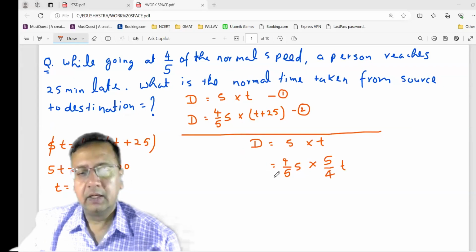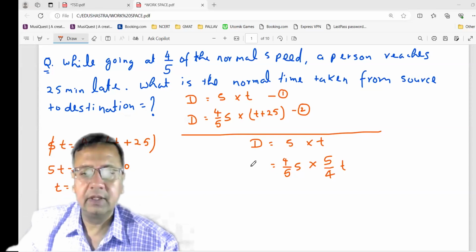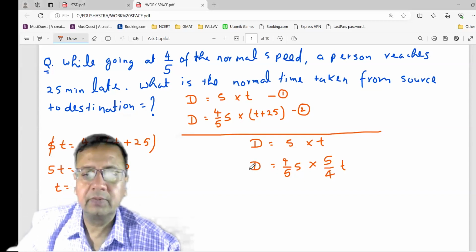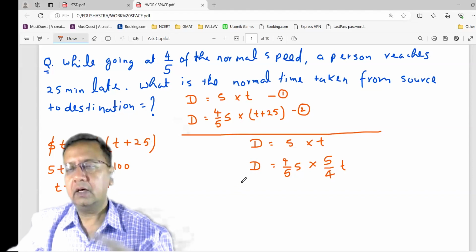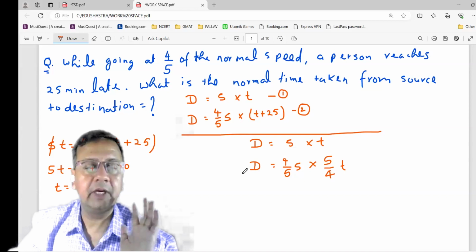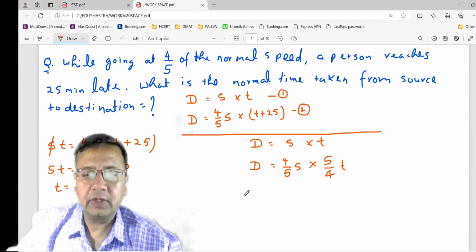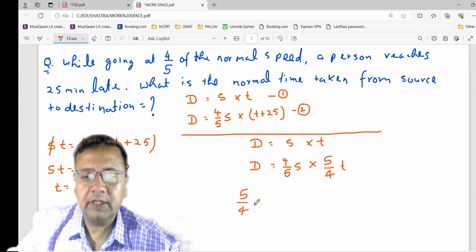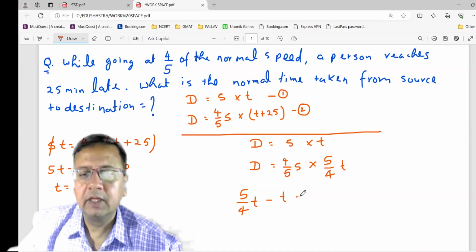Distance is the same. Earlier time was t. Now the new time is 5 by 4 of t. So what I can write is 5 by 4 of t, the new time, minus the old time, the difference should be 25.